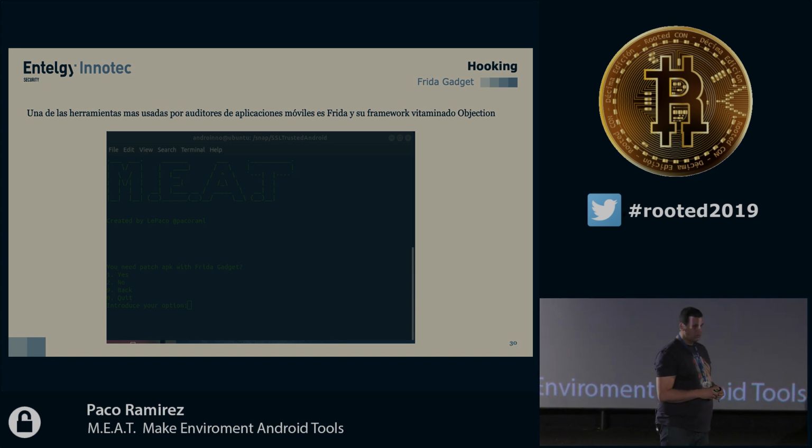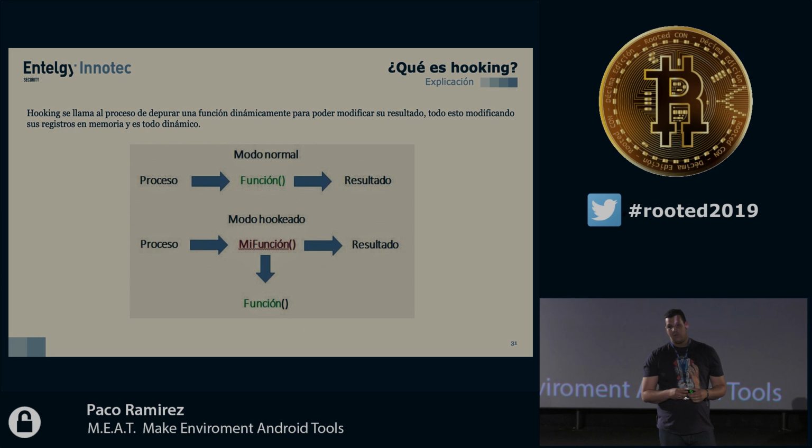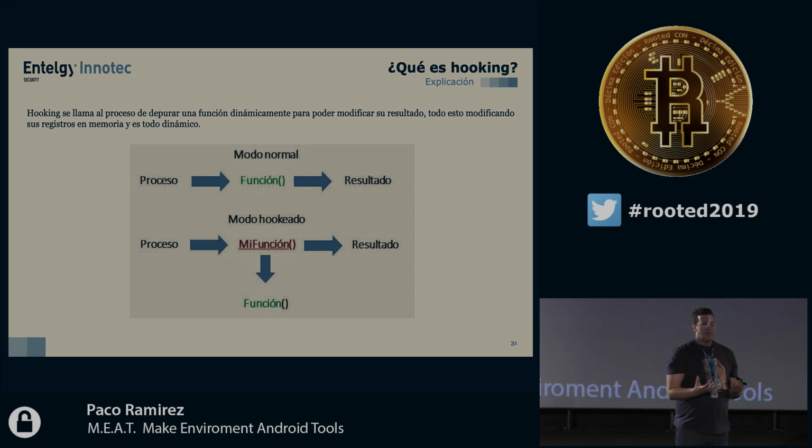What is the following question we are asked? We are asked if we want our application to be patched with FRIDA. So let me give you an introduction to FRIDA. FRIDA is a hooking tool. What is hooking? Hook, Captain Hook, actually, is to cling to a process, to hook a process.